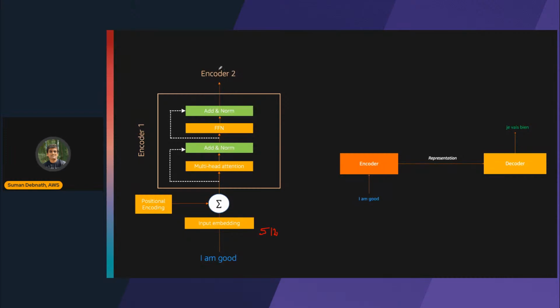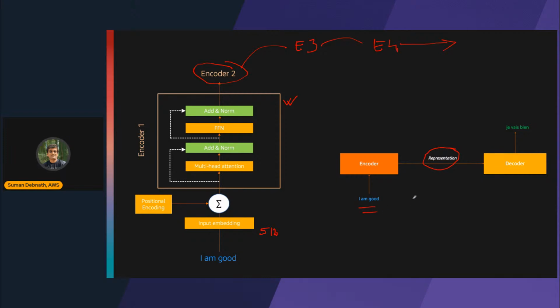This goes to encoder block 2, which has exactly the same block as this, and it sends its output to encoder block 3, and so on, let's say encoder block 4, and let's say you used only four blocks. The final output of this would be nothing but a very good representation of your input sentence, I am good.